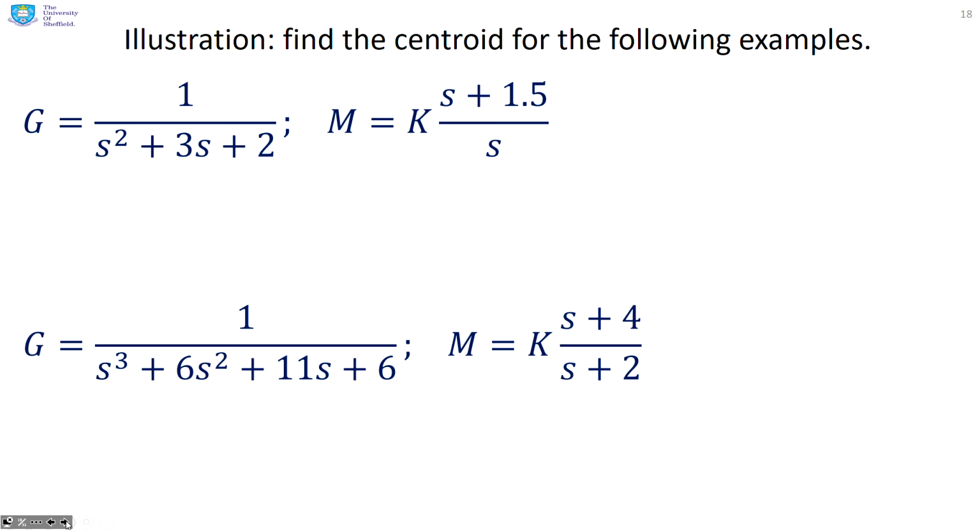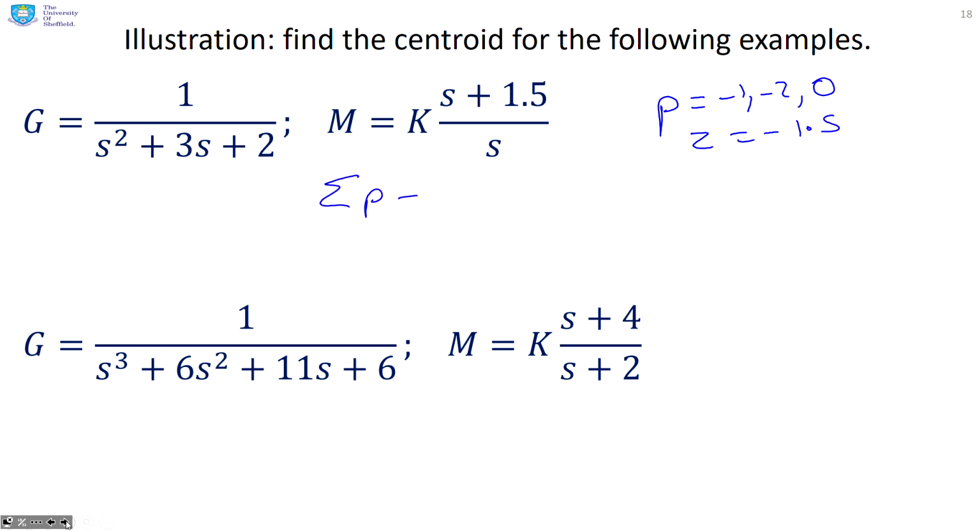So here's some examples. Find the centroid for the following examples. First mark where the poles are. The poles are at minus 1, minus 2 and 0, and the zero at minus 1.5, and then we use the formula.